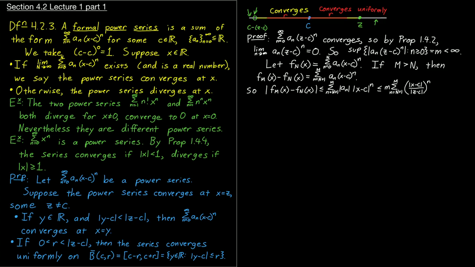This comes out to our little m hanging out front. And then we've got our ratio, x minus c over z minus c, whole thing to the big N plus 1. Then we subtract off our little m. And then we can go ahead and throw away the second term.